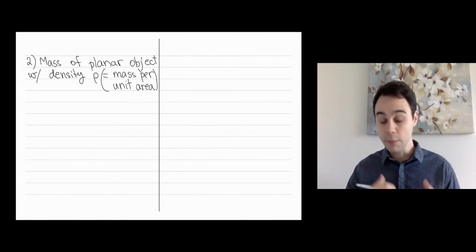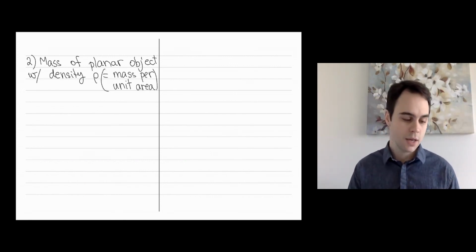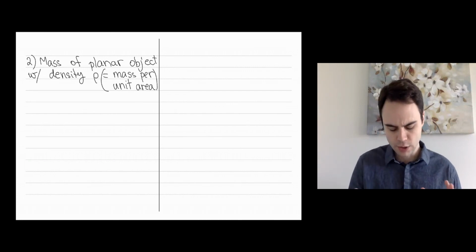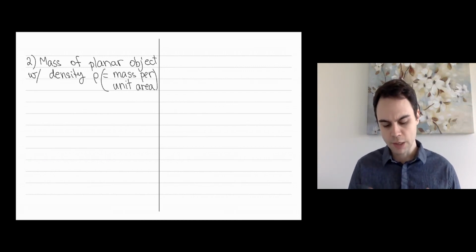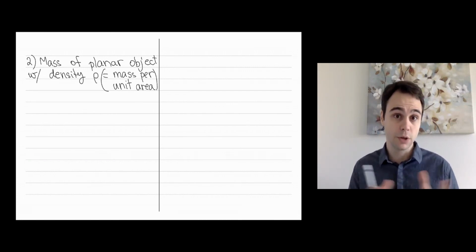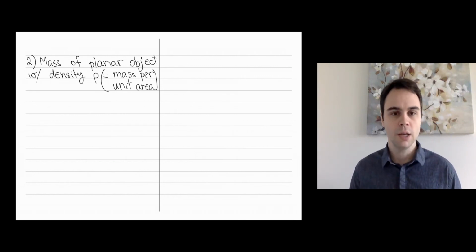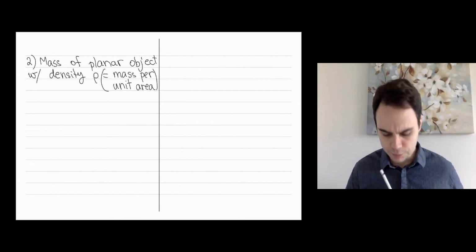The amount of mass per unit area may vary with the position, so it may vary within the object. Maybe different parts of the object are made with different metals, and then the density will change depending on what part you are on, the position.